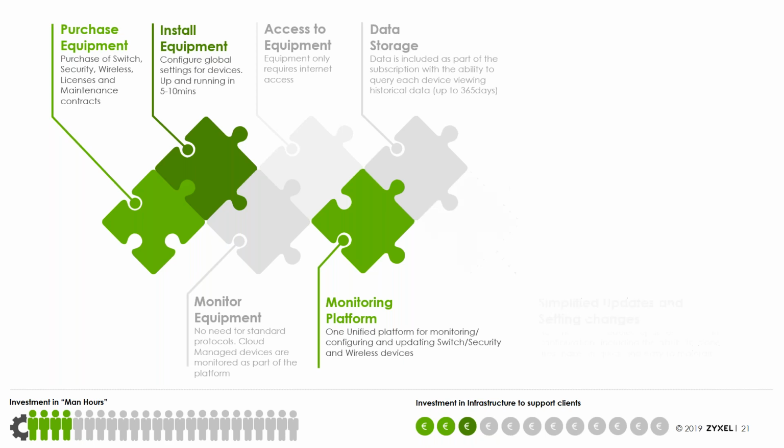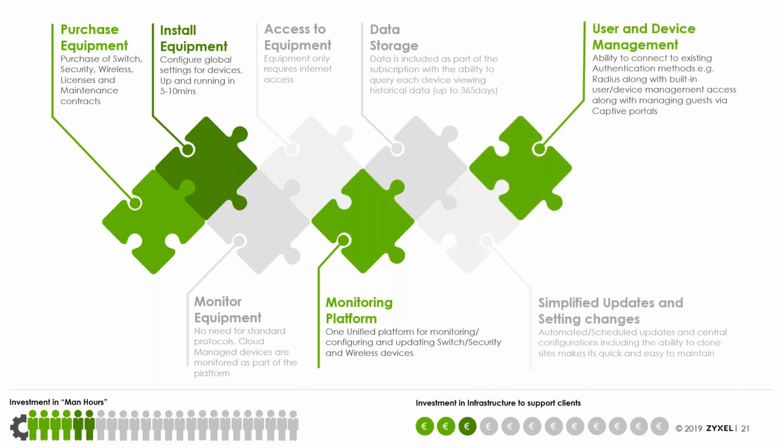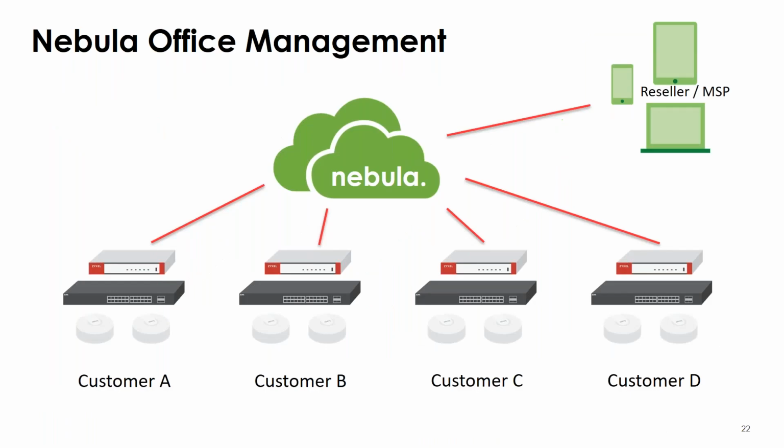Of course we still have to do the user and device management, but this we do upfront, also while we are installing this, and this makes it much easier to install, but also to do the management. So how does it look? Yes, we still have the cloud, we have Nebula there, but as a reseller, you don't need to be behind a VPN.